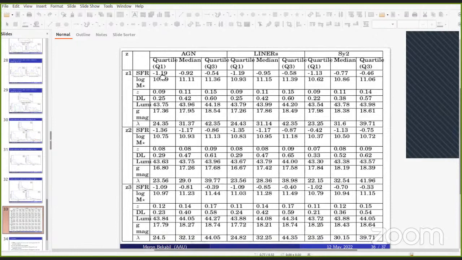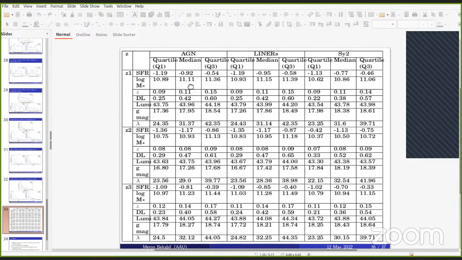So this is what we found in our analysis for a median. Even for AGN, the star formation rate was around here, so it means most of them do not have star formation. For the stellar mass, they show us an increase in the stellar masses.